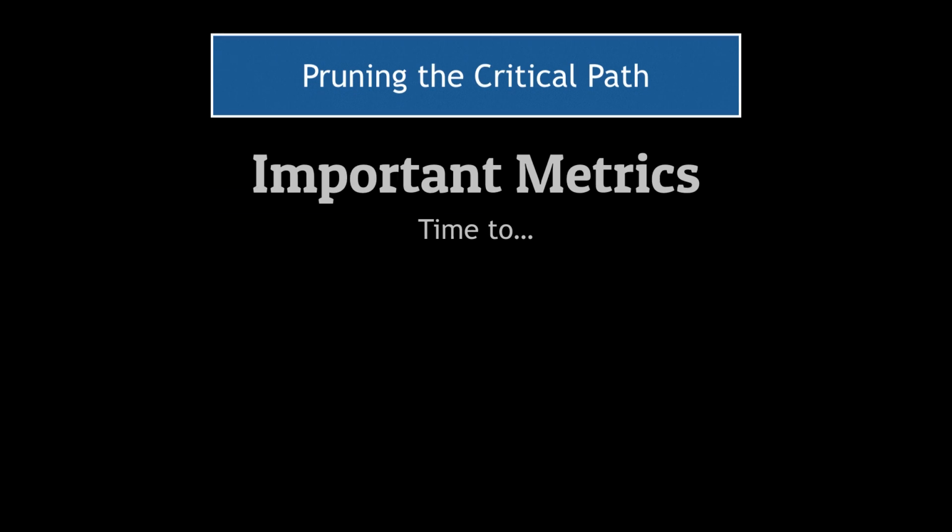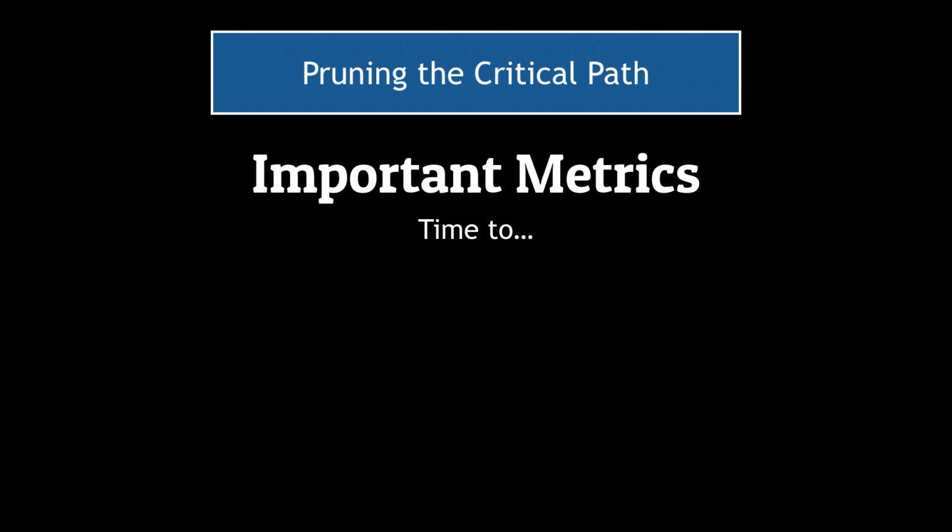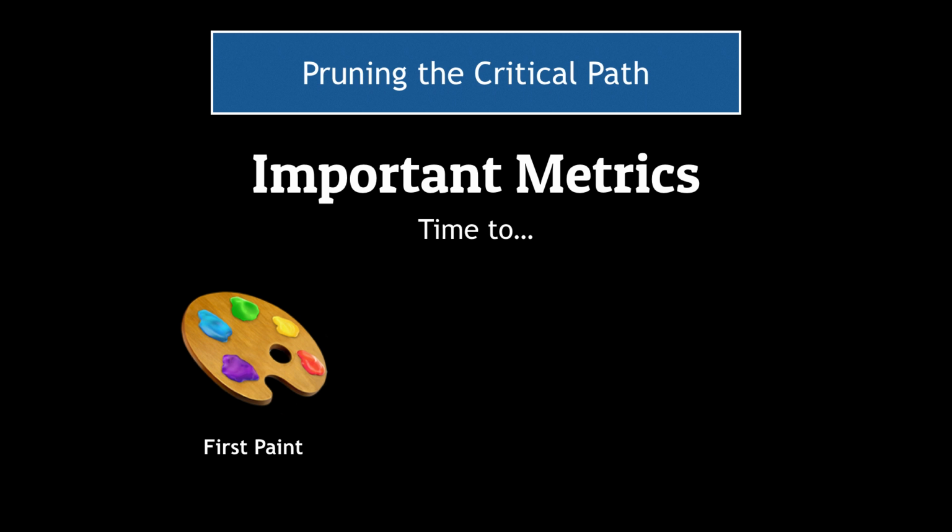So let's begin. In terms of things to look at when pruning the critical path, there are 3 metrics I want you to pay attention to. First is the time to first meaningful paint. And this has to do with when your user feels like the app has begun to finish loading, right? So they're not waiting for it anymore.